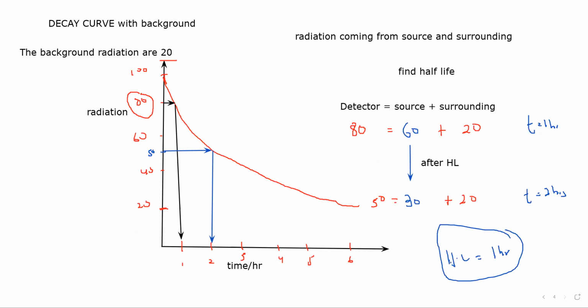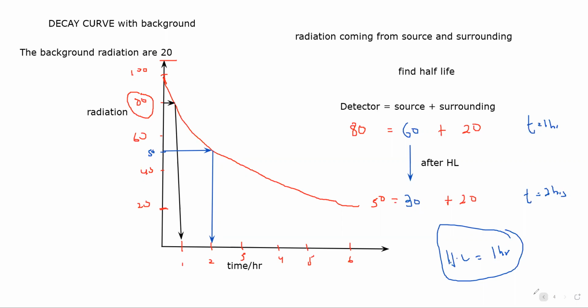Is it clear how we work out the half-life? If a question includes surrounding or background radiation, then we have to first find the source radiation, because after a half-life only the source radiation will become half, not the background radiation.